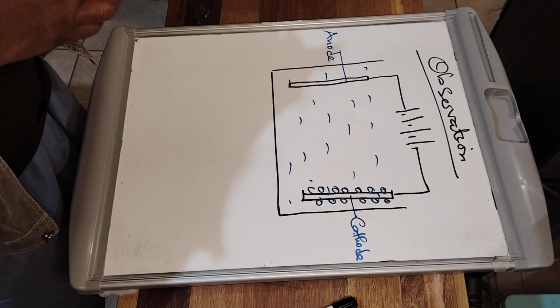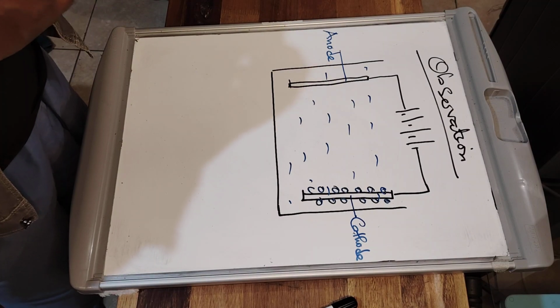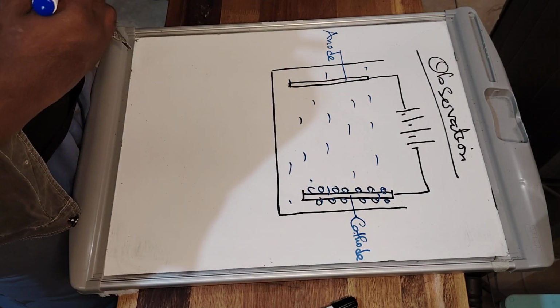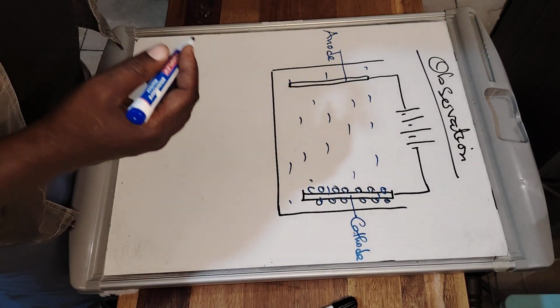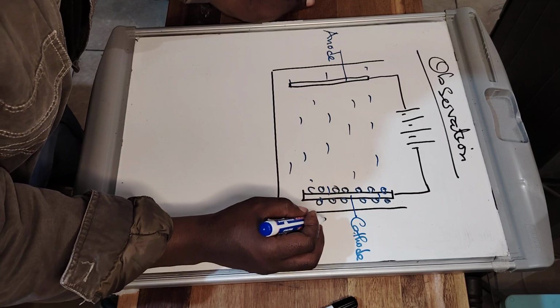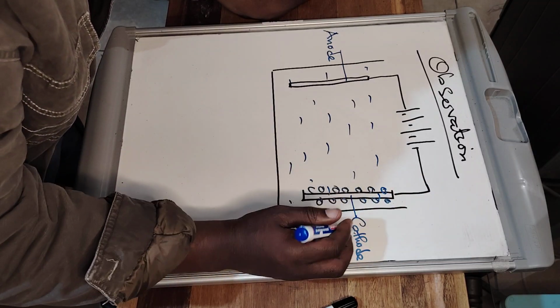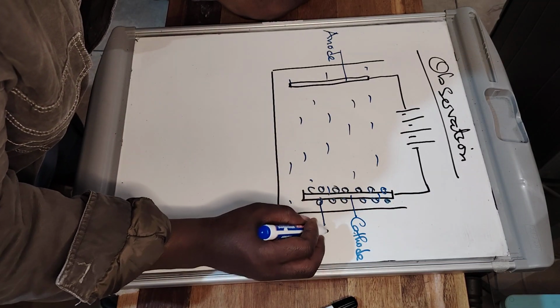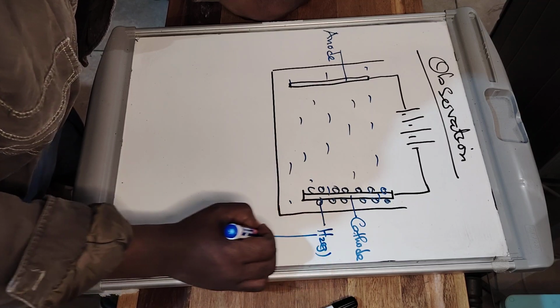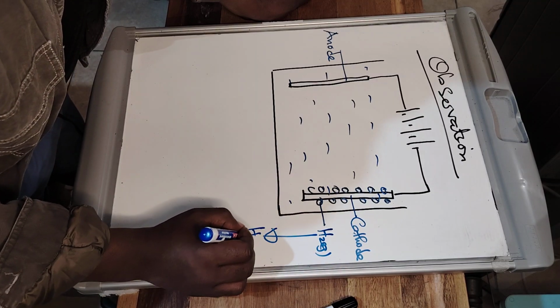Now, this setup we see here shows us what we observe at the end of the functioning of this cell. At this cathode, we get hydrogen gas, remember, coming from water.